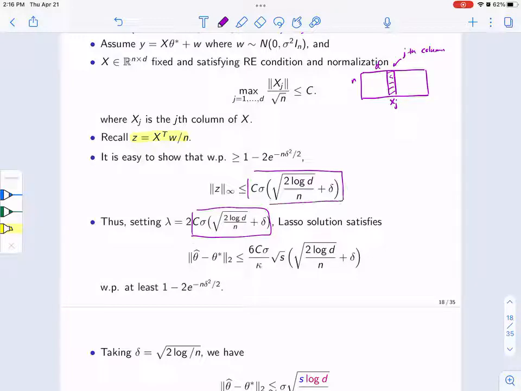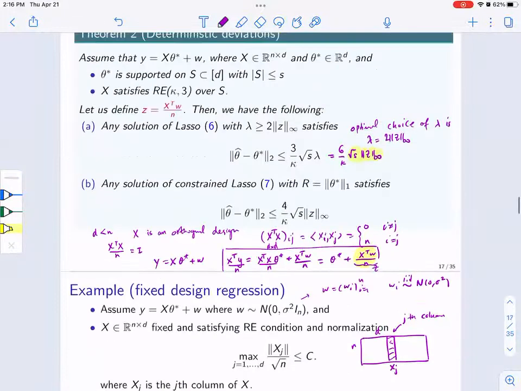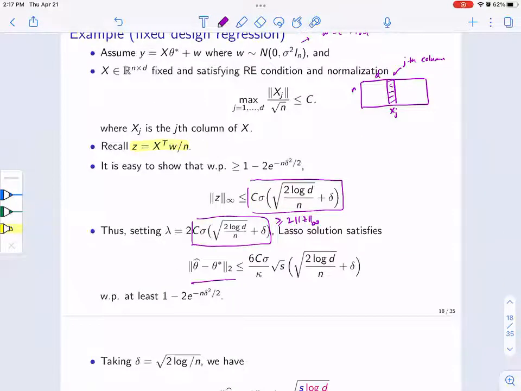So it's twice this. So then lambda would be bigger than 2 Z infinity. So I satisfy that condition. And then I can plug the lambda here. That's, actually, including constant, root S divided by kappa and lambda. So if you plug back in, you'd get something like that, okay?